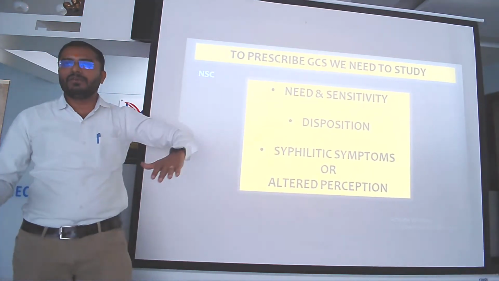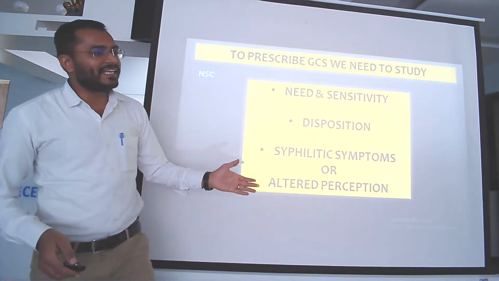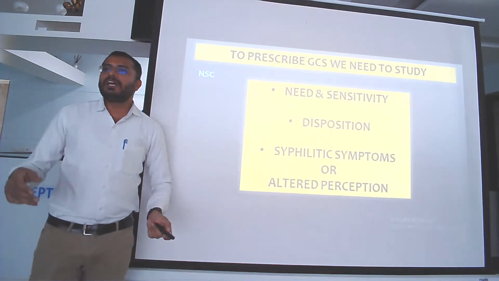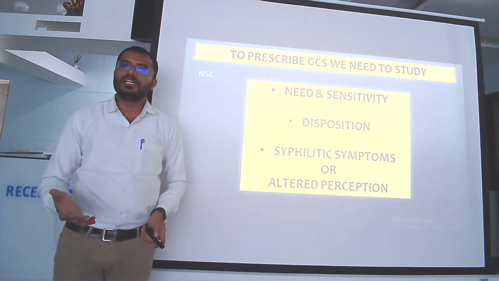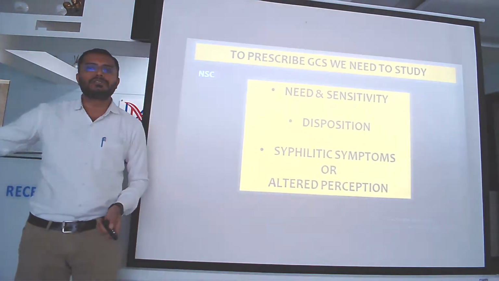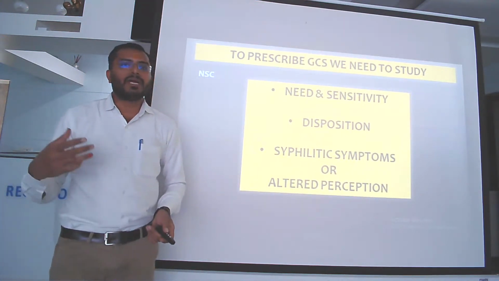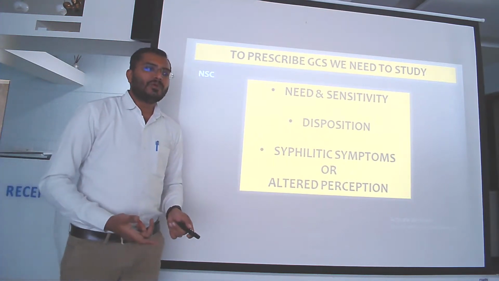That's why the video title was the first step to GCS is need and sensitivity. The second step was disposition. Without disposition, you cannot practice homeopathy, because Hahnemann has mentioned in aphorisms 210 to 230 the importance of dispositions. Very important, because the mental dispositions are the key to prescribe homeopathy.